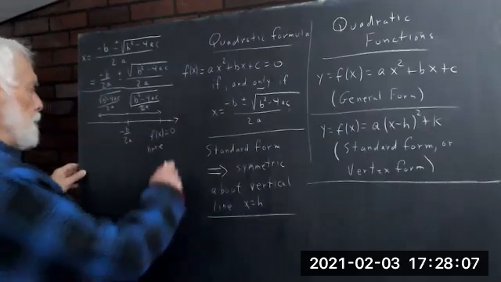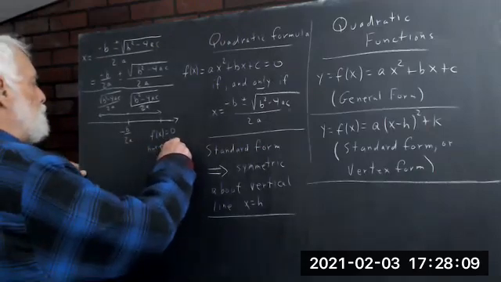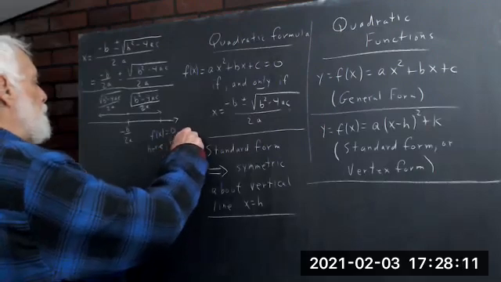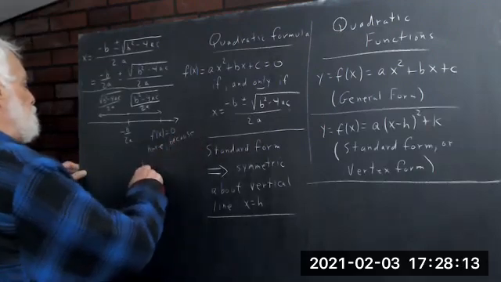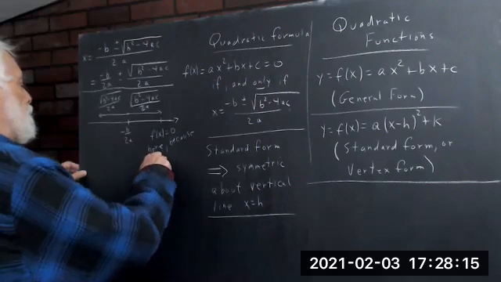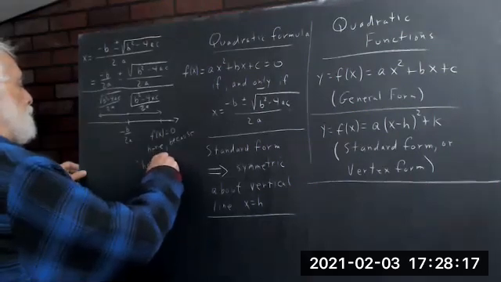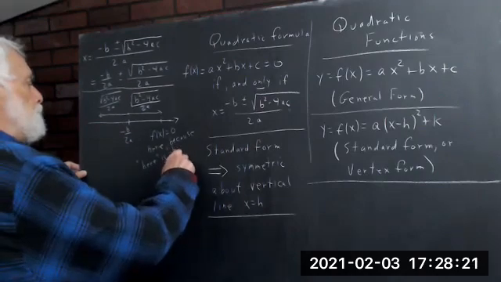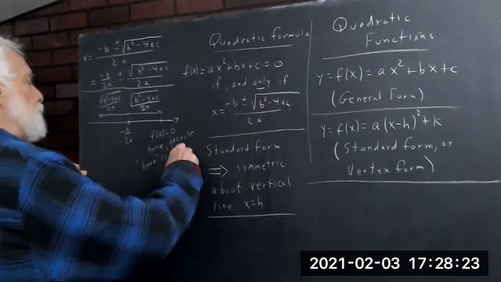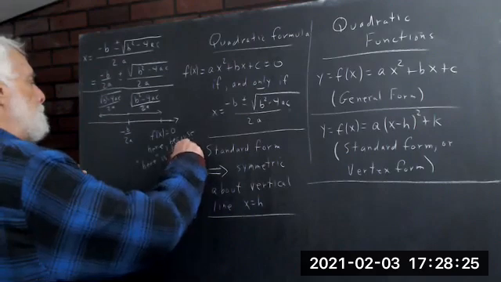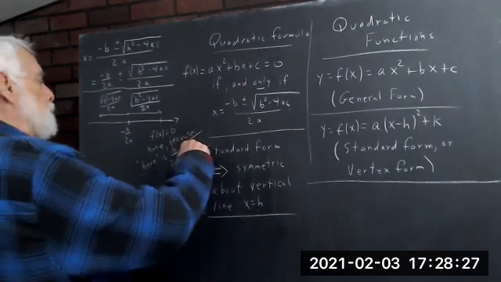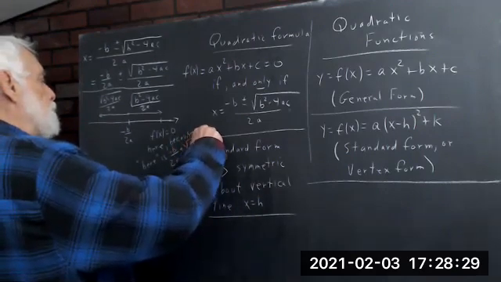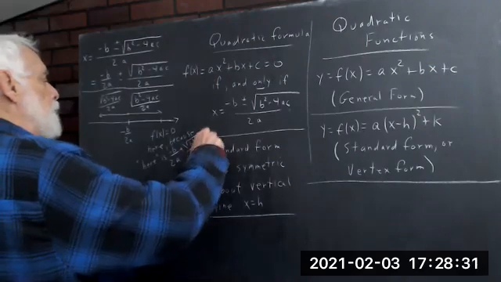f of x is 0 here, because here is negative b over 2a plus the square root of b squared minus 4ac over 2a.